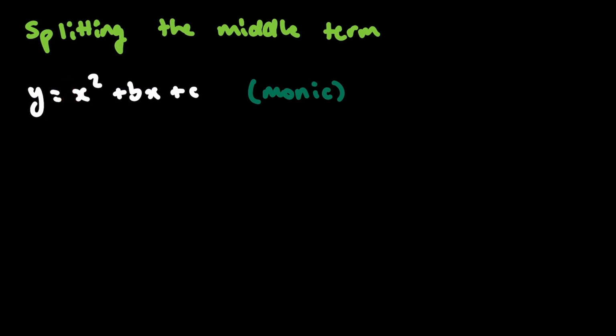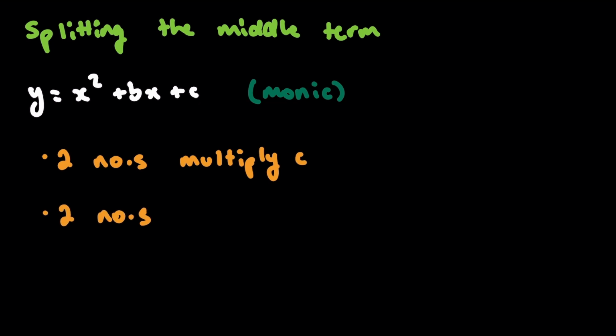If I wanted to factorize a quadratic that looks like this, I need to be able to find two numbers that multiply to the value of c, and two numbers that add to the value of b. In other words, I need to find two numbers that add to the middle term but multiply to the last term.